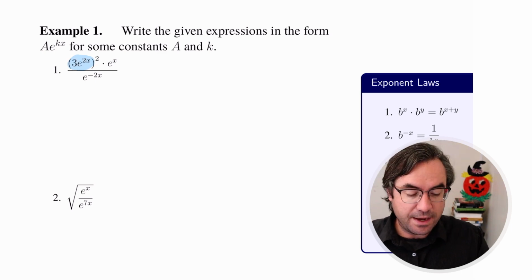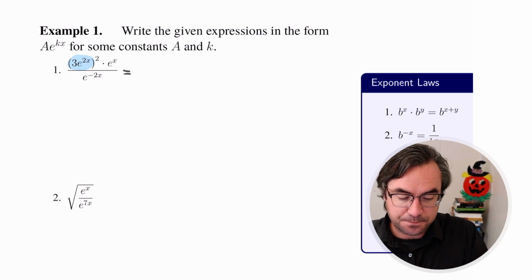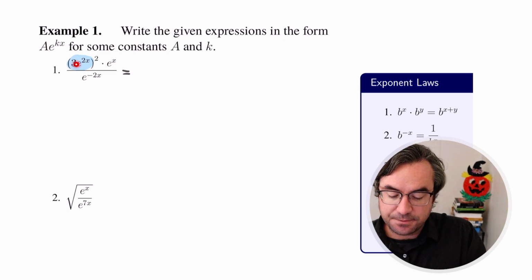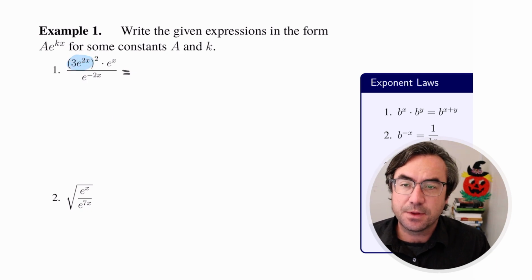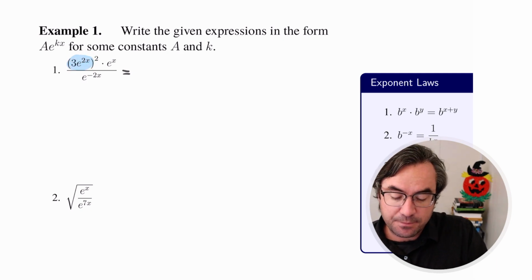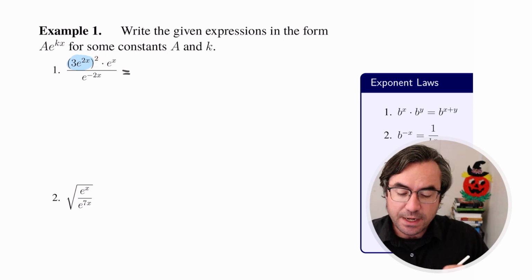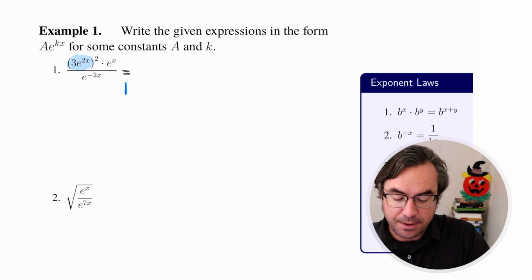So we have a distribution law. When we have multiplication, like we do here, we have a constant and then the exponential term, and we're multiplying them, and that entire thing is getting raised to an exponent, we can distribute that exponent. And that is property 5 on our list there.